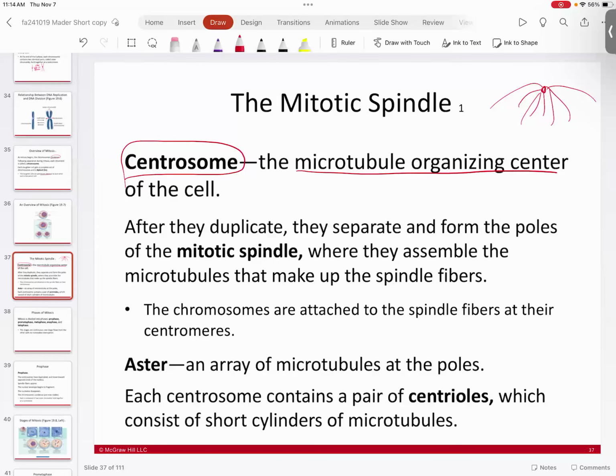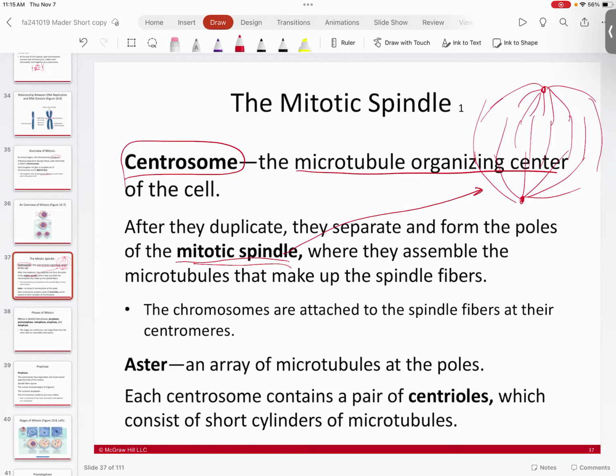They will duplicate, and then they'll separate into antipolar positions, so they'll be basically opposite each other. As they grow out their microtubules, they'll create the mitotic spindle, this big network of spindle structures. So for instance, here's my other centrosome. It's also shooting out microtubules in all directions. Ultimately what they create is this large birdcage-looking structure of microtubules, which is called the mitotic spindle. So this would be the mitotic spindle.